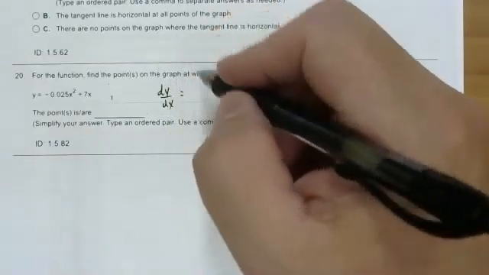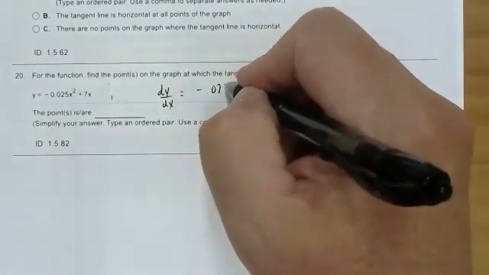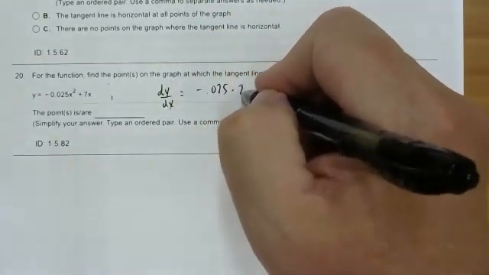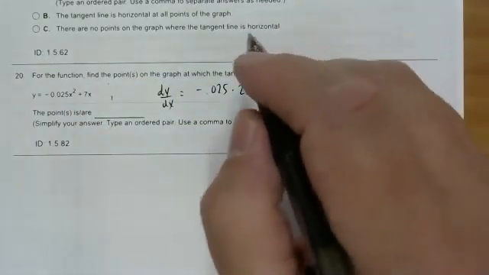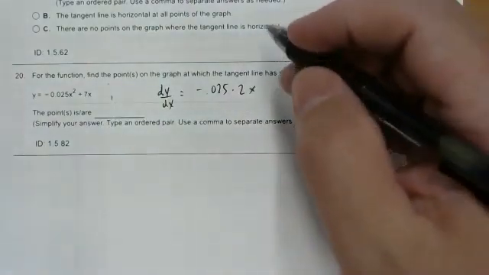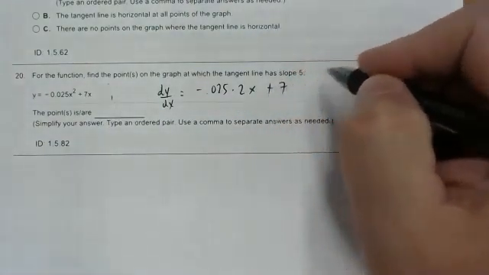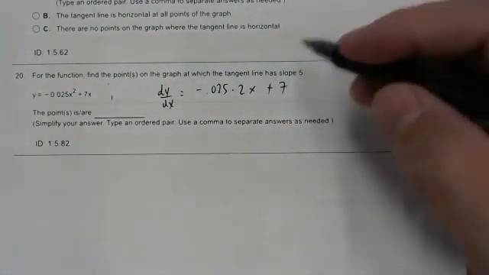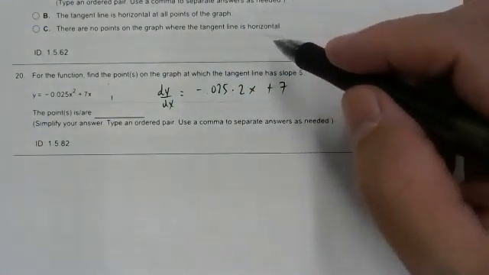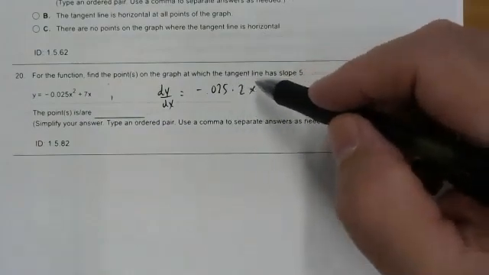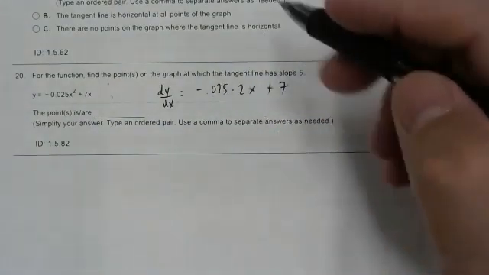It's going to be negative 0.025 times 2x to the first, plus 7. So this is the first derivative, but we want to know the points where this first derivative equals 5.